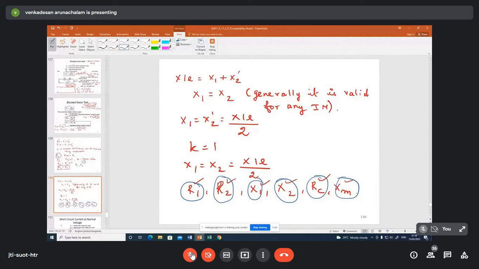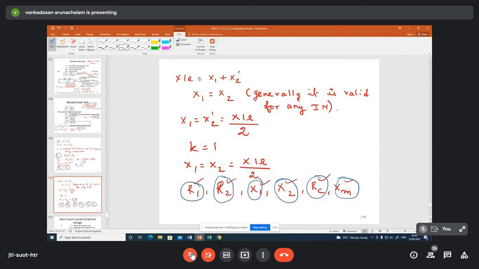That is what we found in the block rotor test.